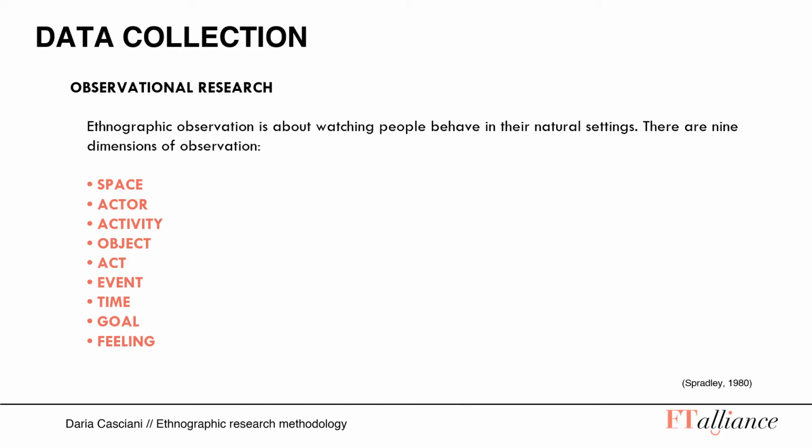In particular, he lists the space as the physical place, the actors, which are the people involved, the activity, so the set of various actions, the objects, so the physical things, the acts, which are individual acts carried out by the people, events, which are a set of activities carried out by the people, the time, so the chronological sequence, the goals, so the aims people wish to accomplish, and the feelings, which means the emotions that are expressed during the observation.